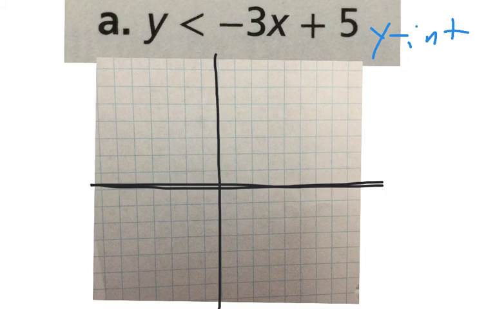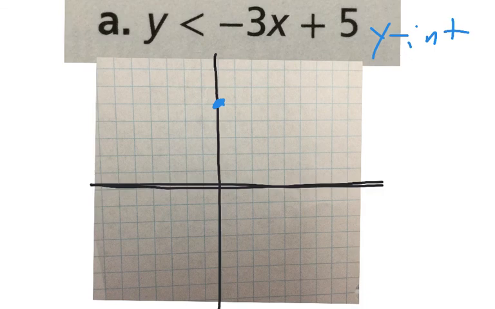So this line should cross the y-axis at 5. So I'm going to count up to 5. 1, 2, 3, 4, and 5. I'm going to plot my point at 5. Question so far?